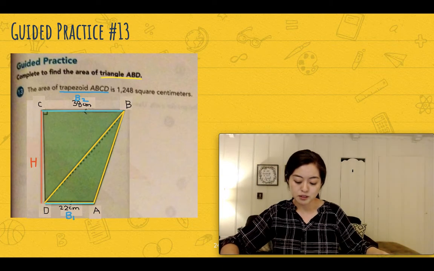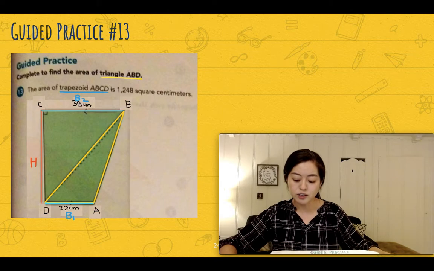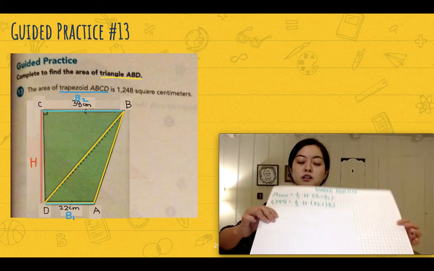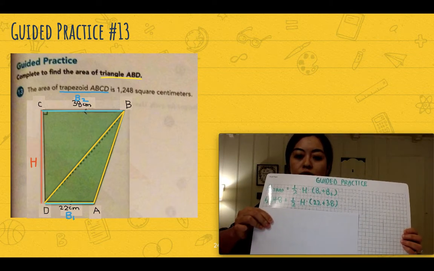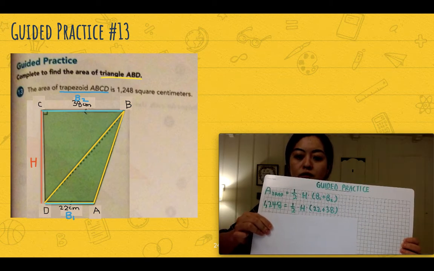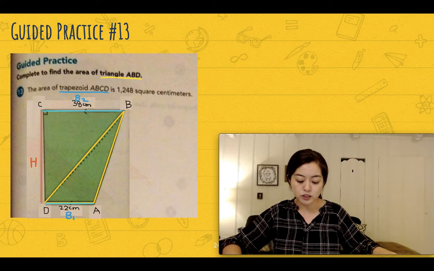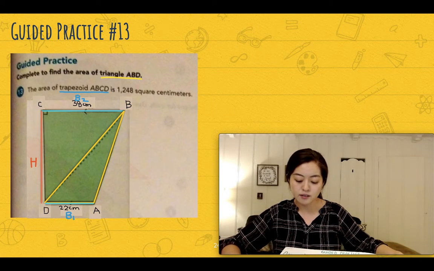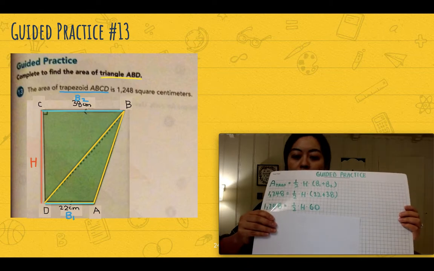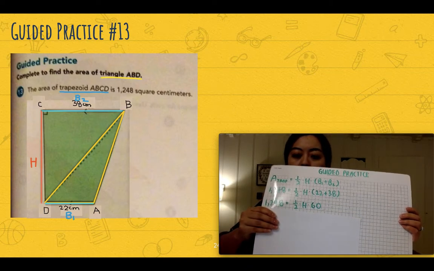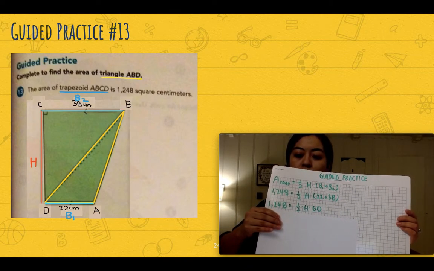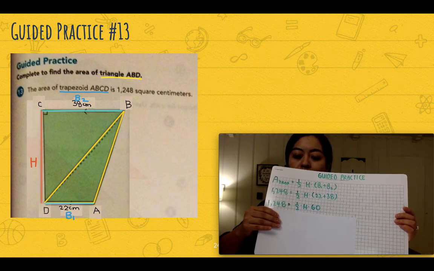And I'm going to input in my values that I know. So I know my area and I know my b1 and b2, like this. After that, I'm going to simplify. So my area of my trapezoid becomes 1/2 times h times 60.